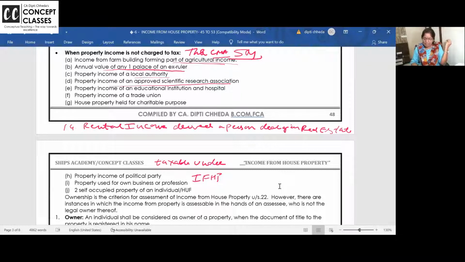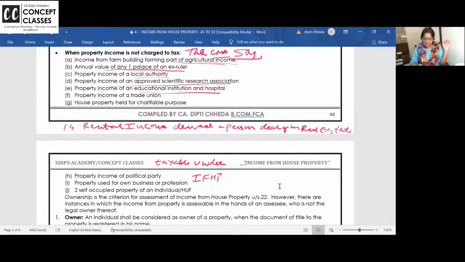Property income of educational institutes and hospitals. Okay, ours is an educational college. Morning to afternoon, college classes are going on. In the evening, in some of the rooms, we allow music classes to go on. And in the ground, private cricket coaching is going on. So are we getting rental income for our playground and for our rooms used as music rooms?